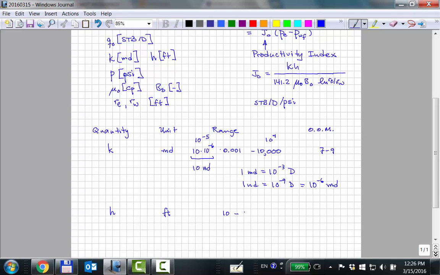And this can go to, like I told you about this field, the Cupiagua field in the foothills of Colombia, which is about 6,000 feet thick. I'm going to put 1,000, though it could be easily more. It's not usual that it's more than 1,000 feet, but we could certainly have a couple of thousand feet. So there we've got 2 orders of magnitude.